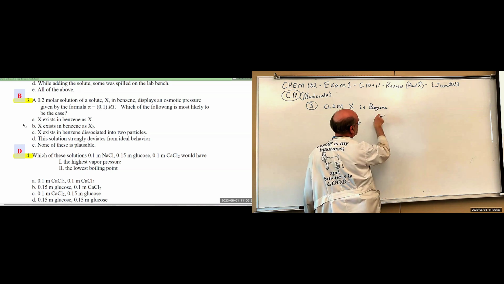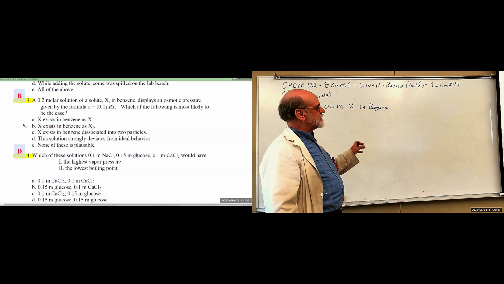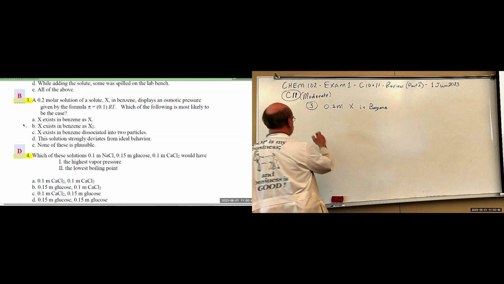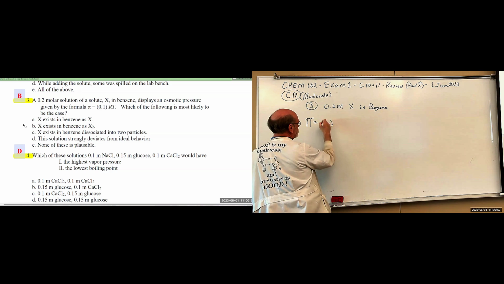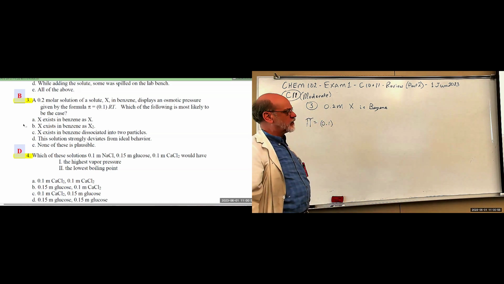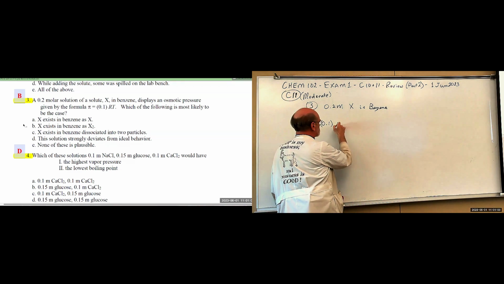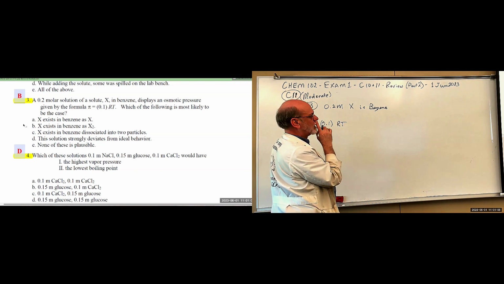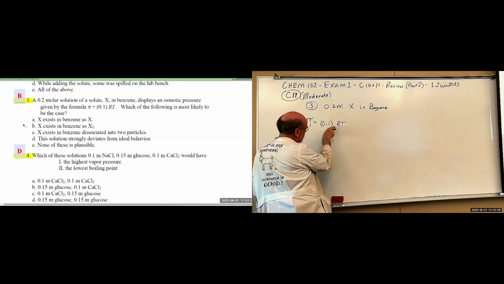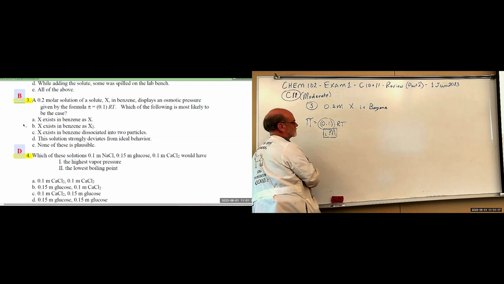So benzene is the solvent. It displays an osmotic pressure given by the formula pi equals i, the van 't Hoff correction factor, times the concentration times R. So what we're saying here is this one is a combination of the molarity and that correction factor.